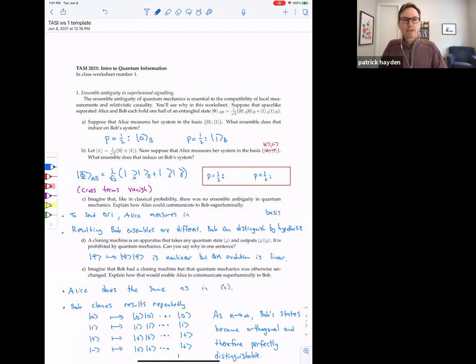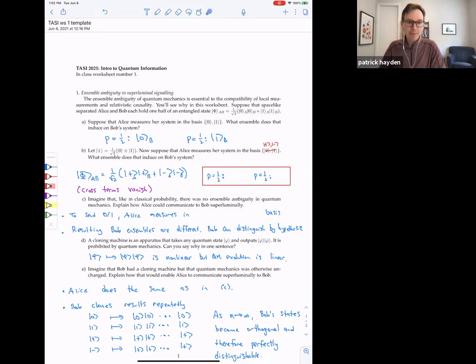Now, for part B, it turns out it's pretty much the same question because this state can be rewritten in this plus minus basis as again plus plus summed with minus minus. This state is not quite rotationally invariant. It's not the singlet state, but it has some amount of rotational invariance, and so it has that symmetry.